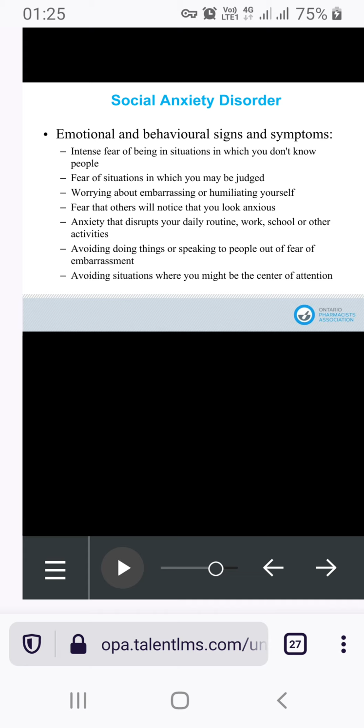Fear that others will notice that you look anxious. Anxiety that disrupts your daily routine, work, school, or other activities, avoiding doing things or speaking to people out of fear of embarrassment, avoiding situations where you might be the center of attention.